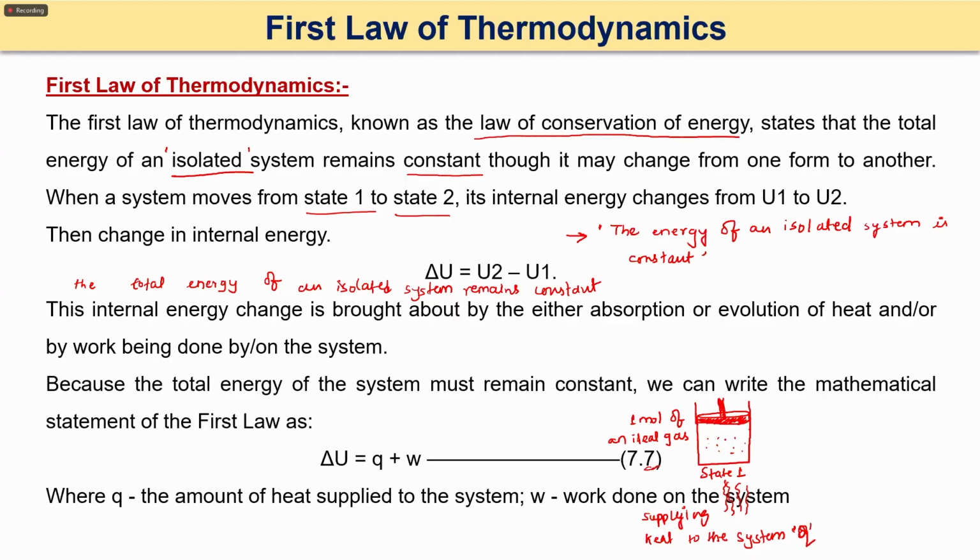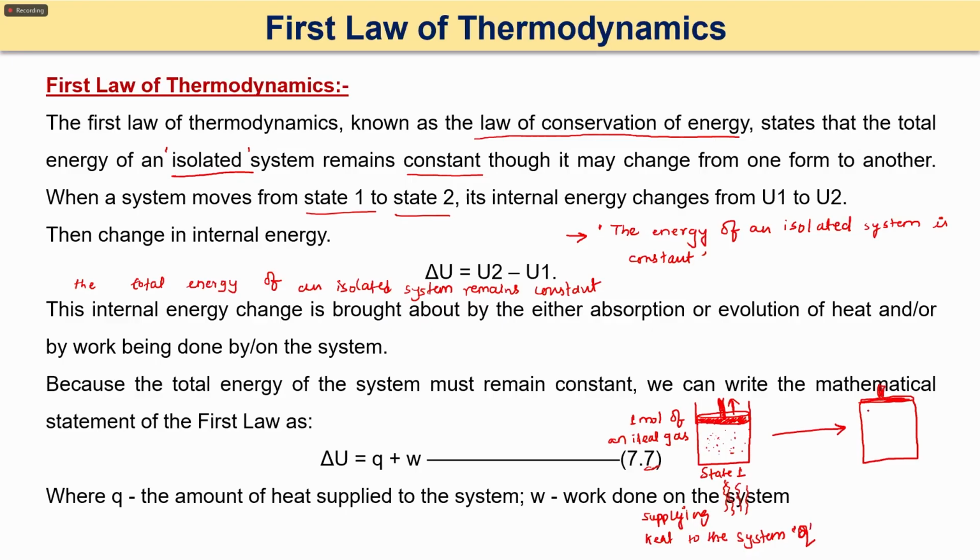If this is the case, then what will happen? If heat is getting applied to the system, the piston will start moving upward. It will go into a different thermodynamic state where your piston will come over here.